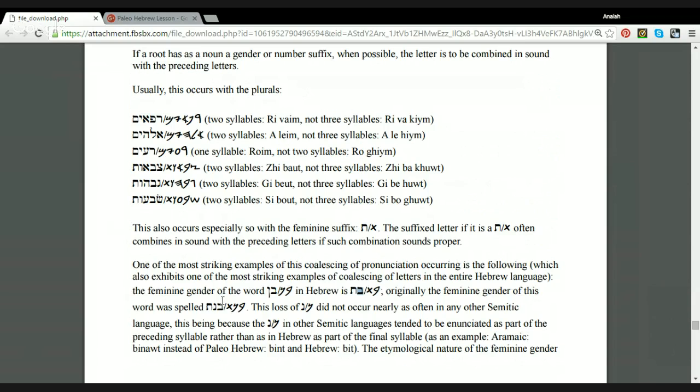But try saying bint, bint, bint. The N starts sounding very soft and almost as if it was a silent letter. It sounds like you're saying bit, BT, when you say it fast.